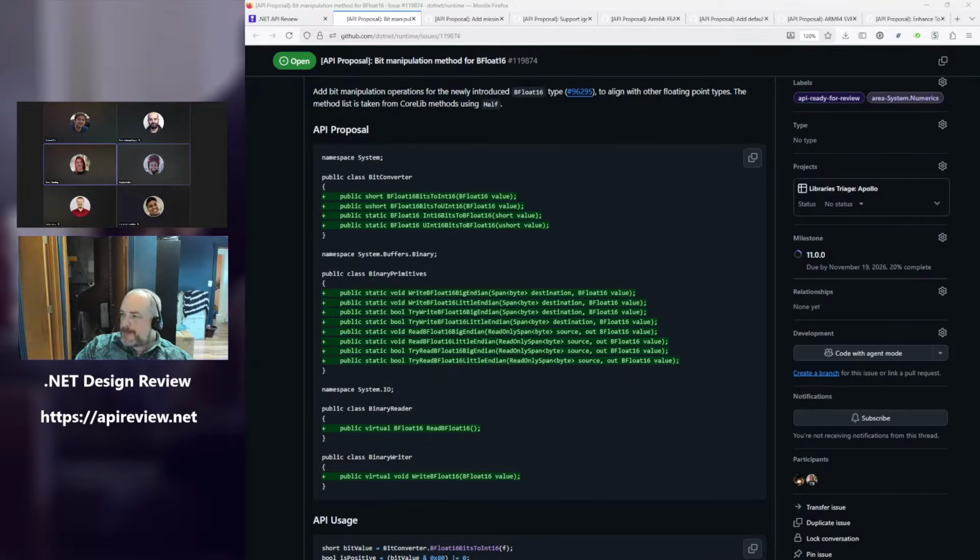There's hardware acceleration support for it, and so it has to live in corelib because the JIT has to understand it to accelerate it. All right. Well, I'm fine not adding the binary reader and binary writer stuff, at least now. Could add it later, though I doubt we would.